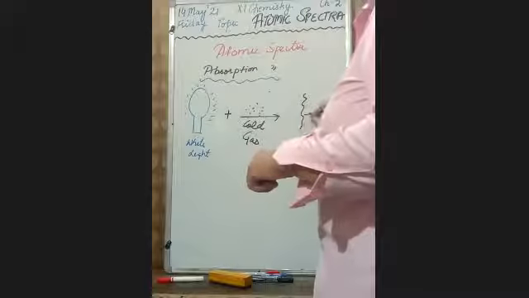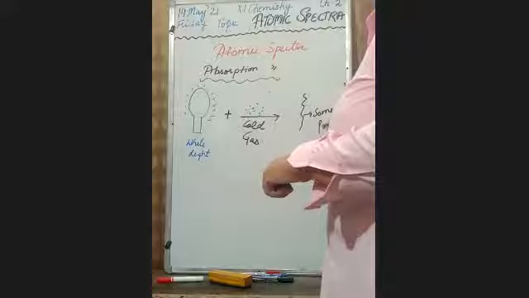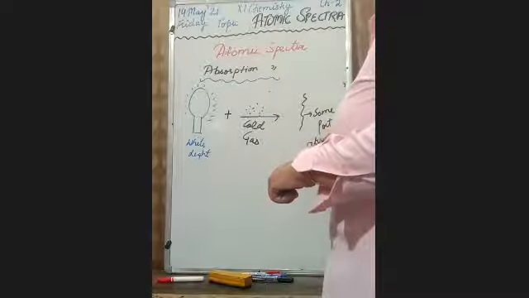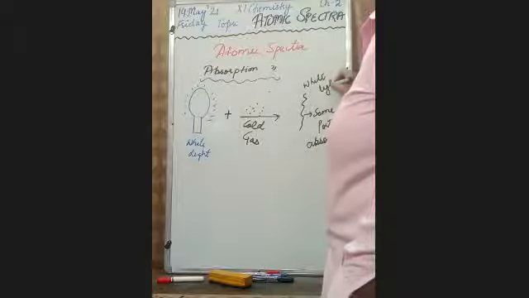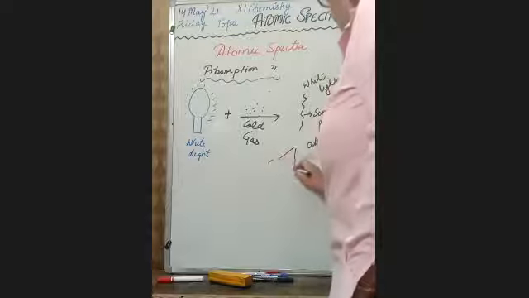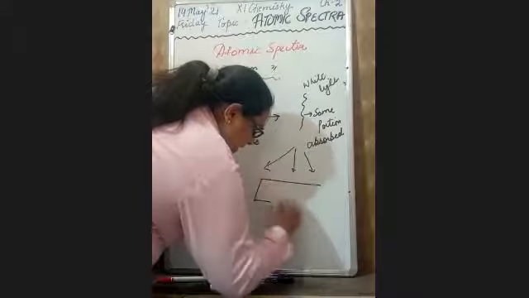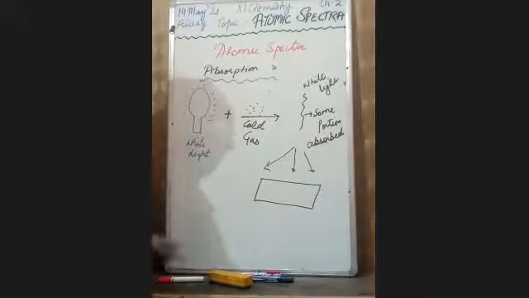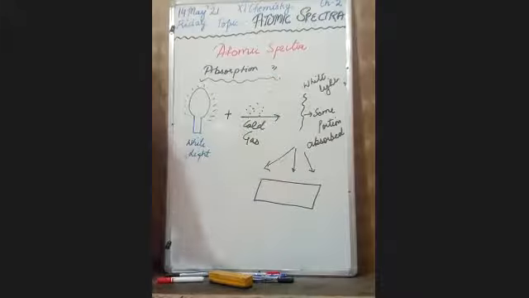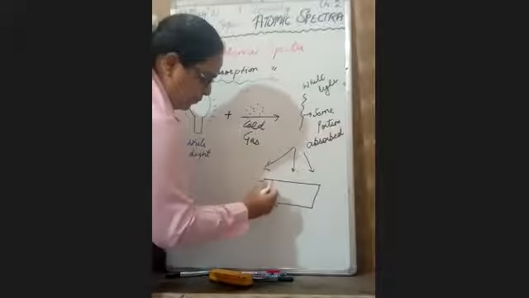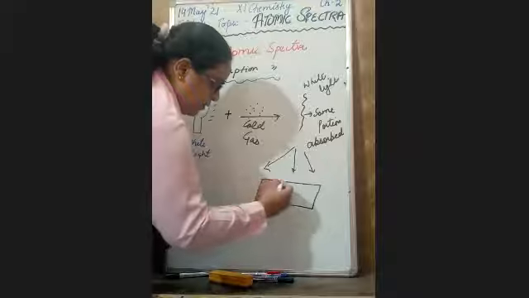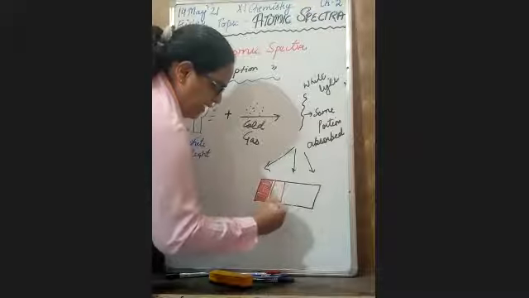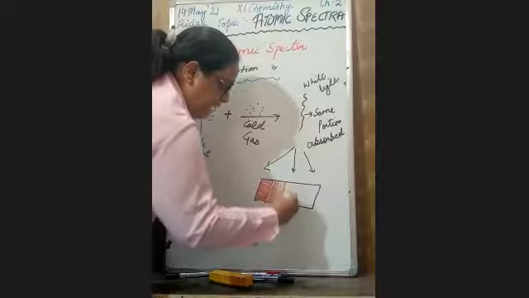Some portion is absorbed, and the remaining portion is what we will get as our absorption spectrum. As you know, white light is made up of 7 colors. So you will find, suppose this is the colored band, and in between the colored bands you will find some dark bands.